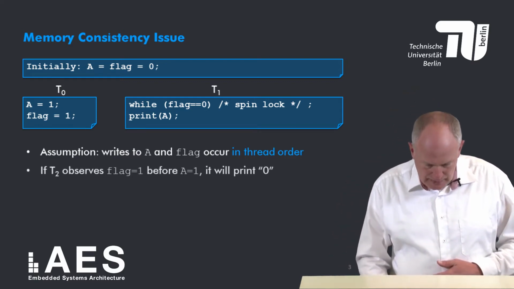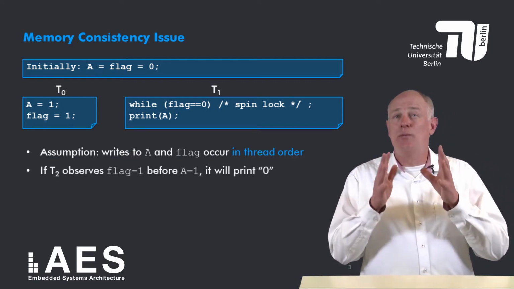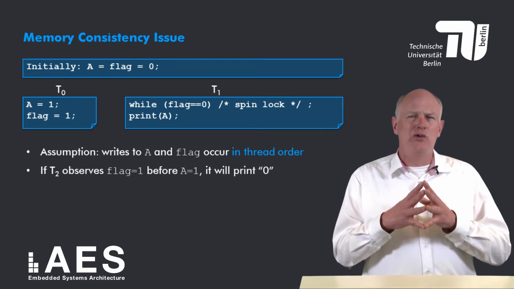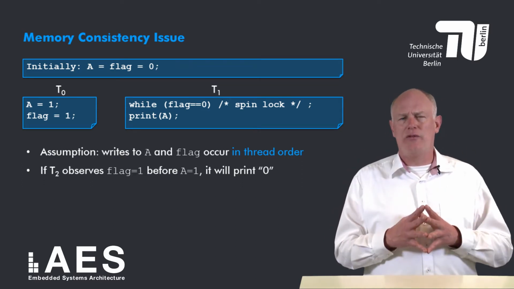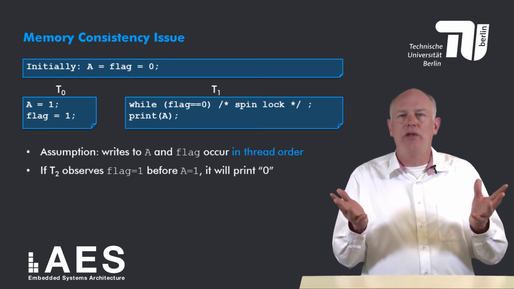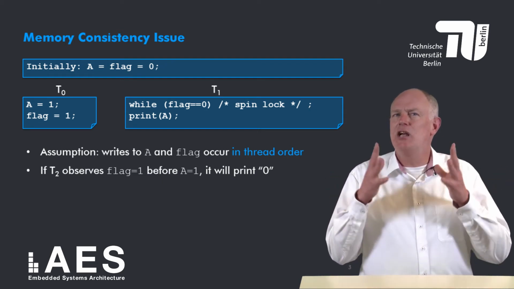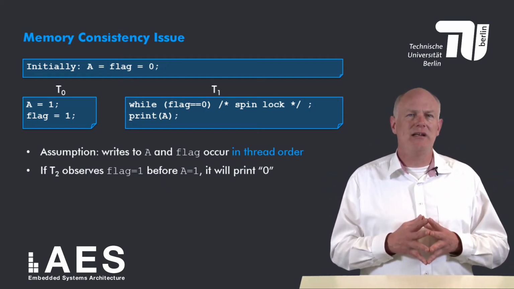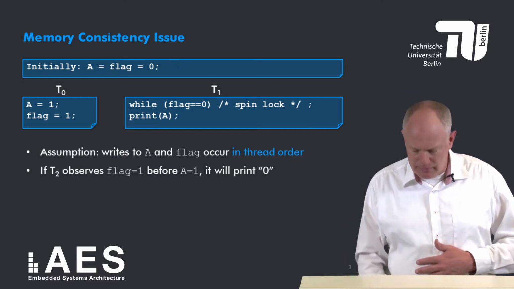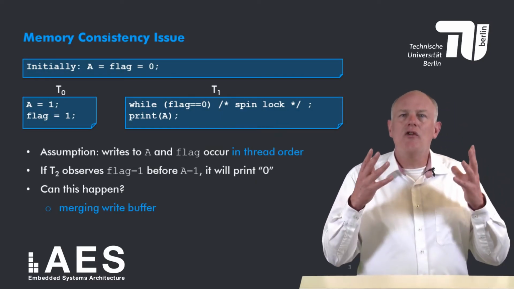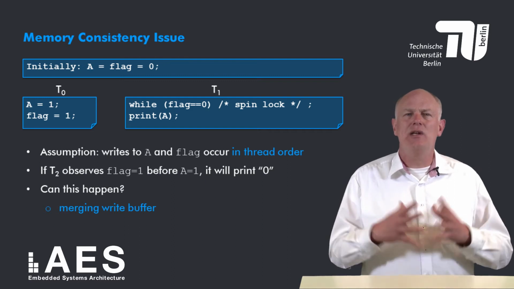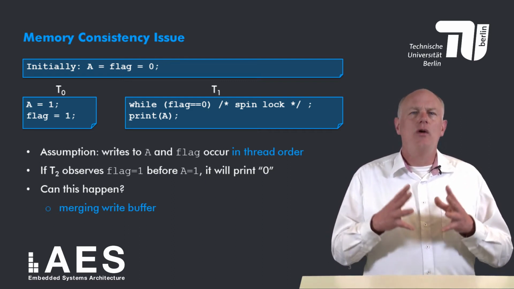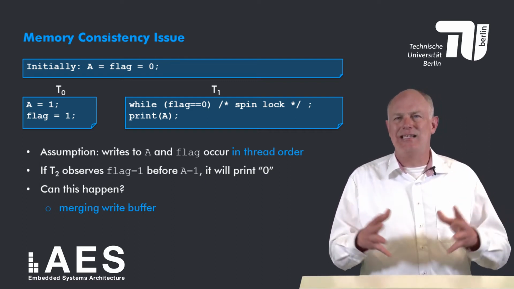However, if thread T1 observes the write to flag before it observes the write to A, then it will print the value 0, which is not what the programmer intended. Can this happen? Are writes not always executed in thread order? Unfortunately, the answer is yes.